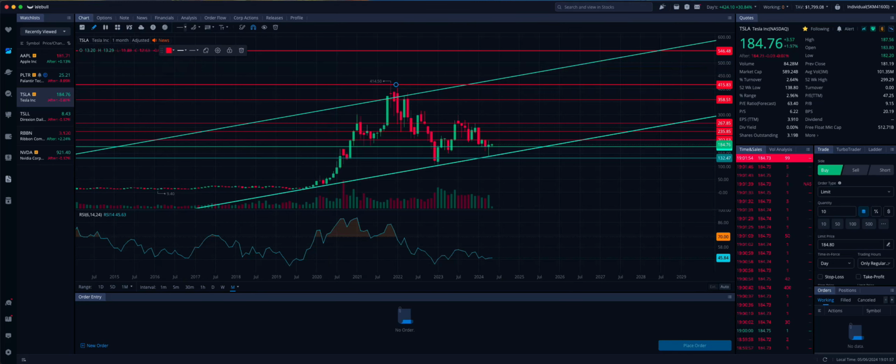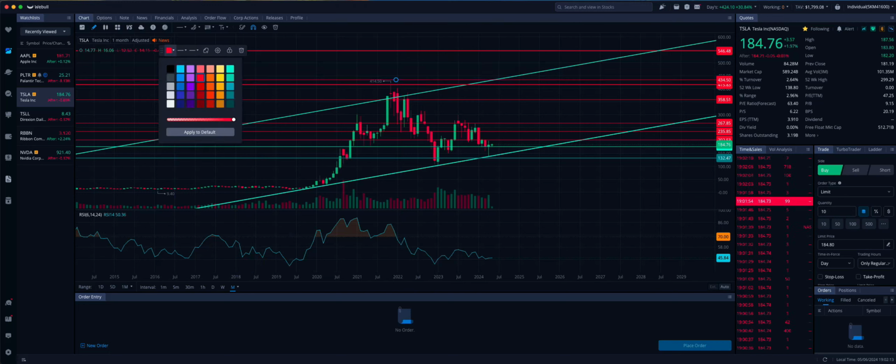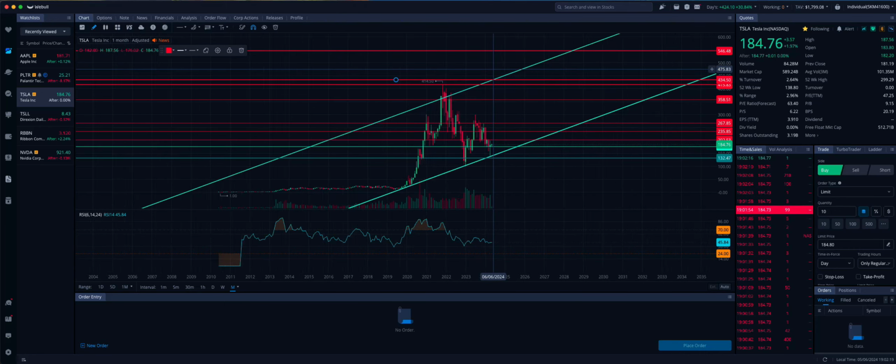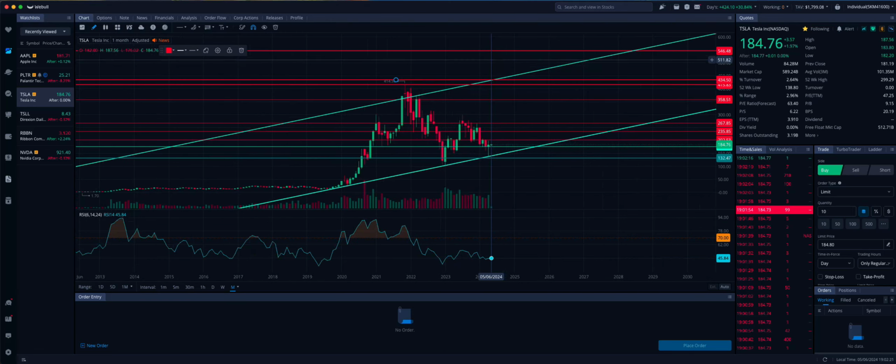I would say right here, this top line, also resistance, and then there's nothing else.